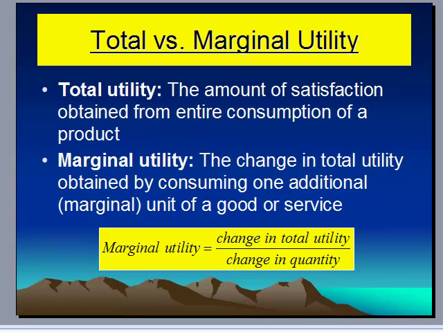So total utility is the total amount of satisfaction we get from consuming a product, and marginal utility is the additional satisfaction you get by consuming one more unit. Take an example of consuming pizzas. You're very hungry, you go into the pizza shop, you get your first slice of pizza.